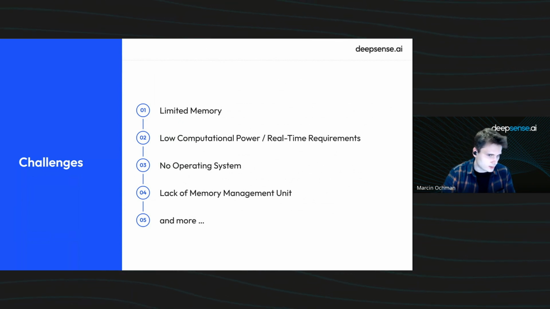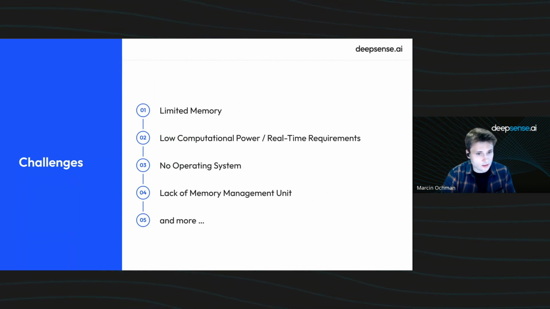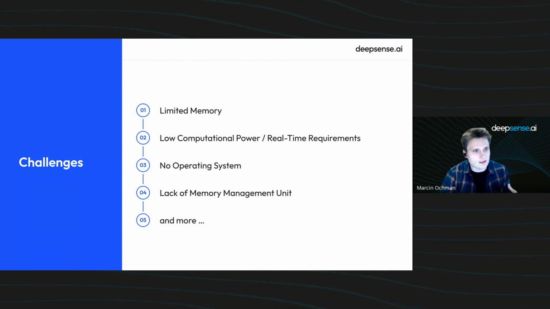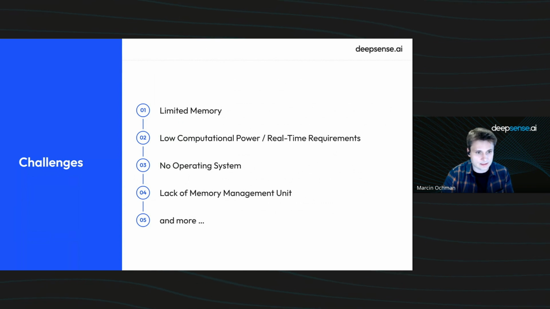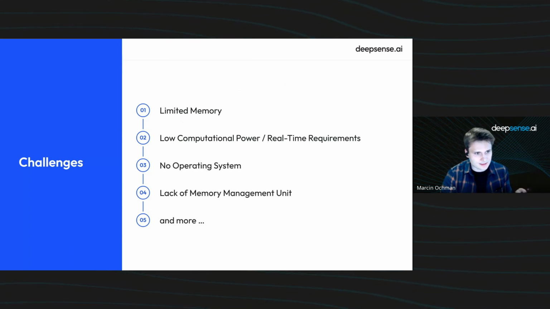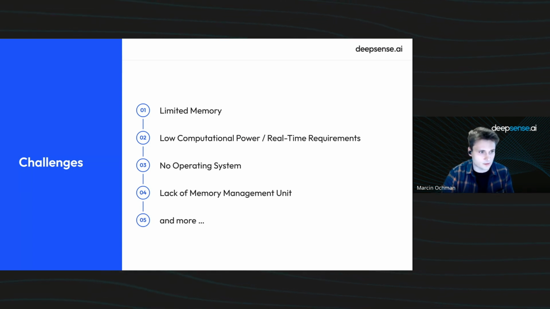Developers have to manually manage memory allocation, which is basically challenging in systems where every byte counts. And without an operating system to handle multitasking, programmers must design and implement task scheduling themselves, ensuring that processes like data acquisition, preprocessing, and inference don't interfere with each other. So this complexity demands careful planning and a deep understanding of the hardware.